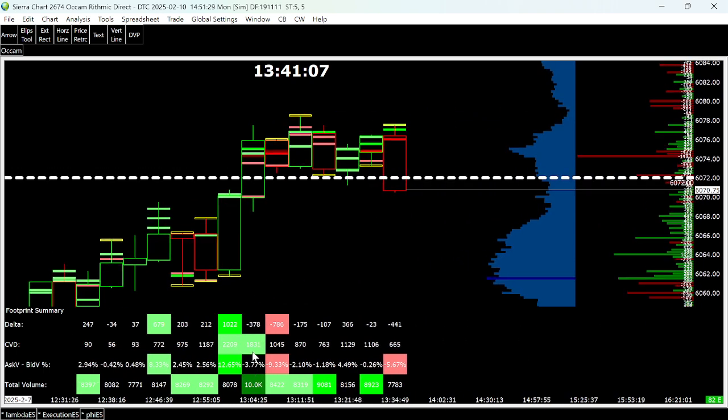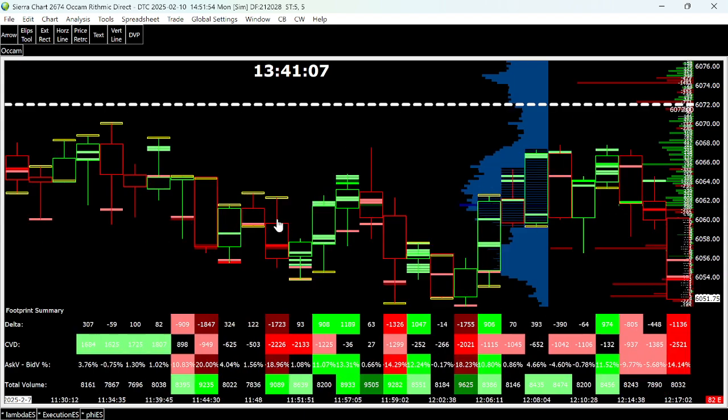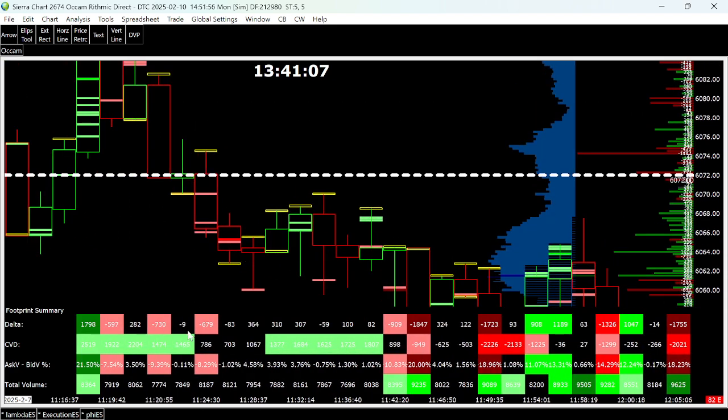So CVD itself obviously makes a lower high as price made a slightly higher high. I'm just going to go back one more time to reinforce this. Price pops 6072, making a higher high relative to 6072. You go back to when it did the same thing at 11:20.